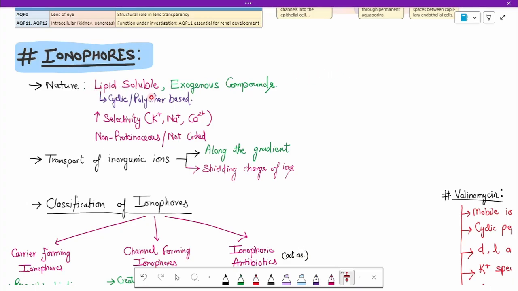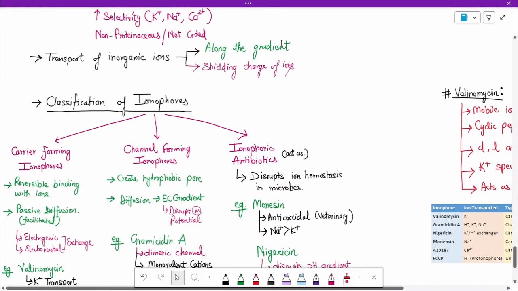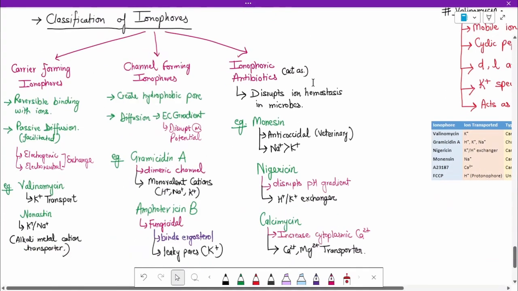These are lipid soluble, exogenous, cyclic, and polyether compounds, highly selective for ions like potassium, sodium, or calcium, responsible for transport of ions along the gradient by shielding the charge of those ions. That is the main mechanism behind the functioning of these ionophores.